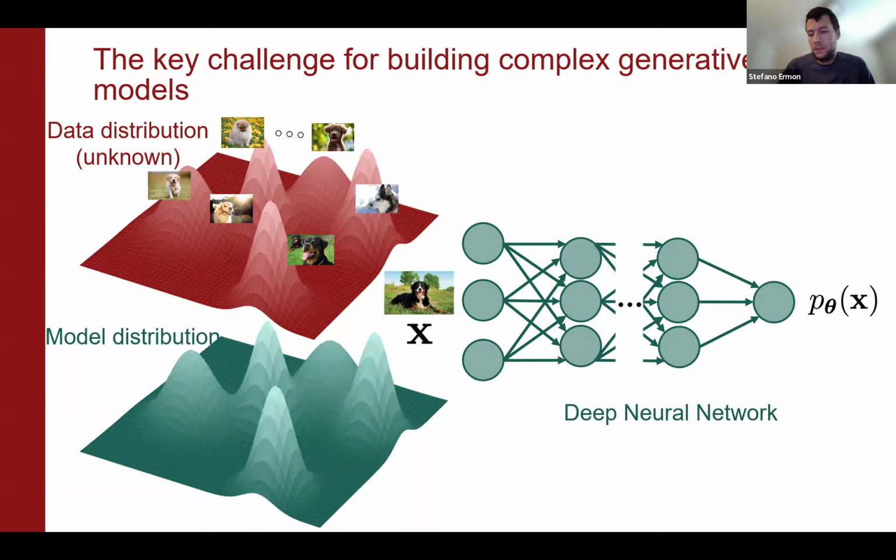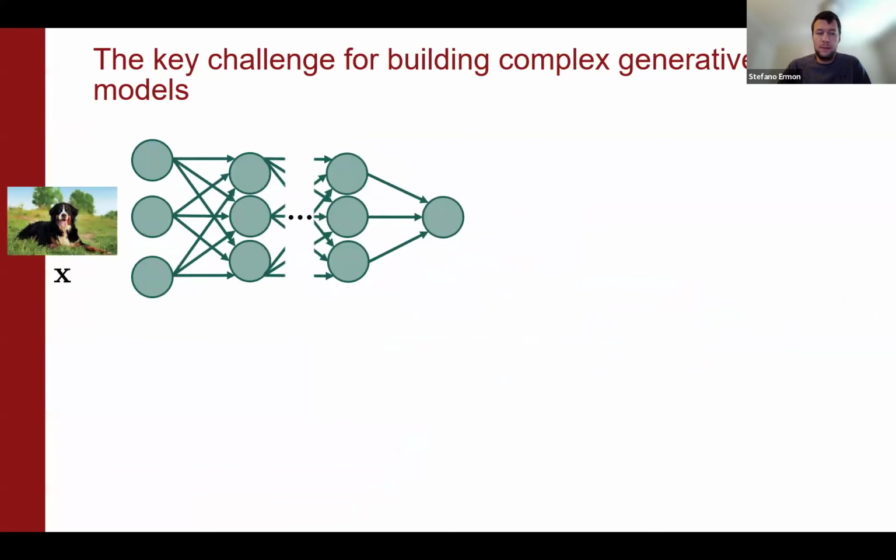And so what we want to do is use deep neural networks to model this function that assigns probabilities to different data points. And that's the idea behind deep generative models. But designing a deep neural network that assigns probabilities with a high-dimensional input space is non-trivial, because a probability density function needs to satisfy a bunch of constraints. It has to be non-negative. If you take an arbitrary neural network, the output might be negative, and so you can't really think of it as a probability.